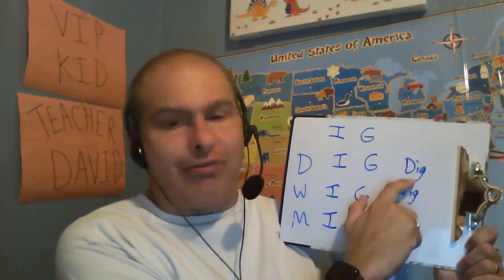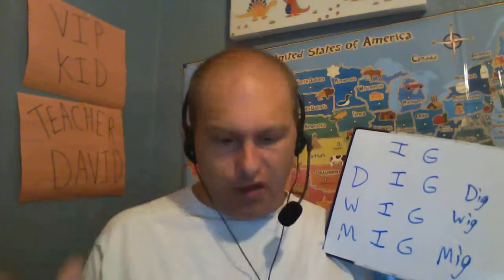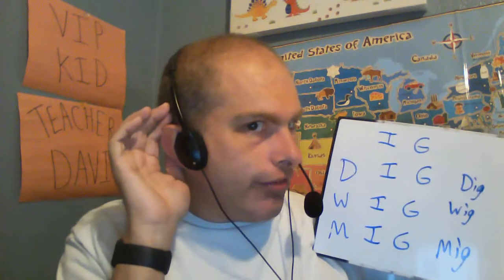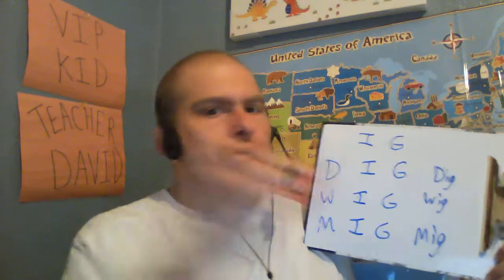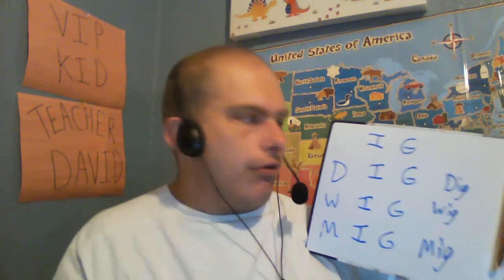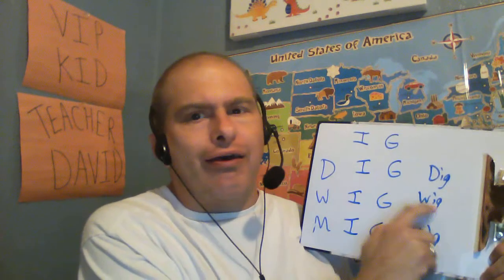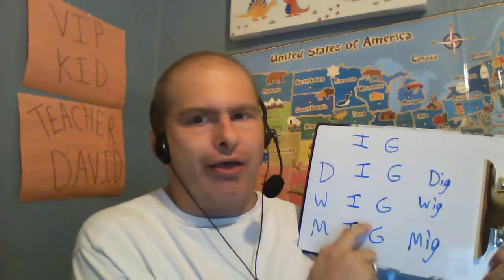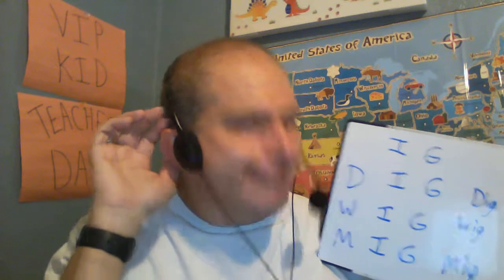Dig. But you go slowly. So you're going through it like, eh, and then listen, and then, g, listen, g, g, eh, g. Good. Woo, eh, k. Good. So you're getting them through that.